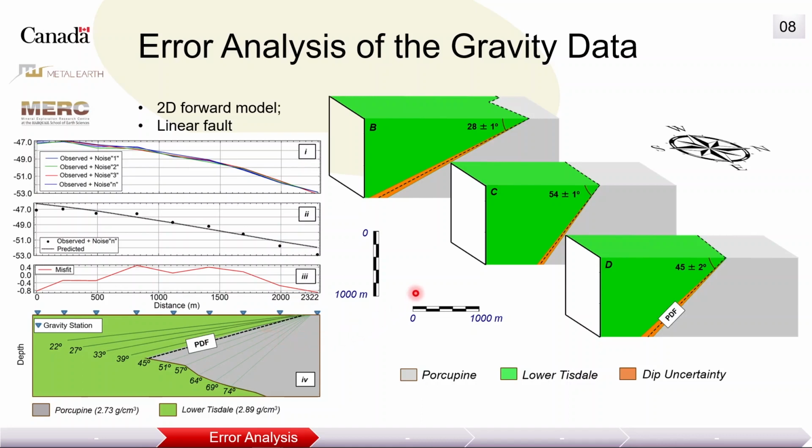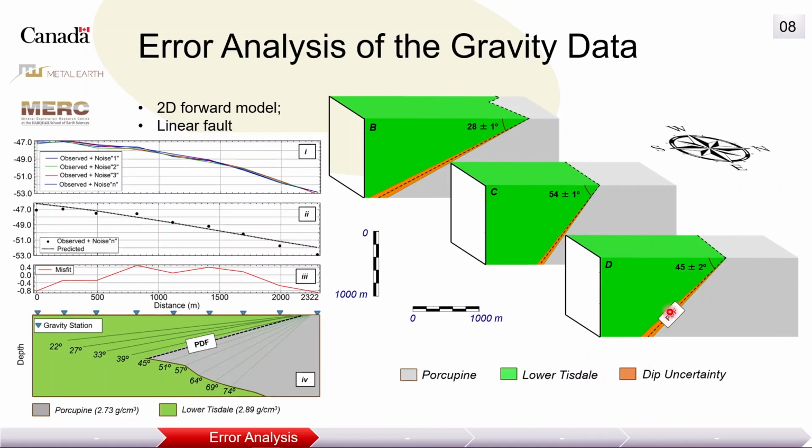By doing statistical analysis, we end up with these uncertainties for the fault, under the assumption that the fault is linear. For section B, 28 plus minus 1, C 54 plus minus 1, and for D 45 plus minus 2.